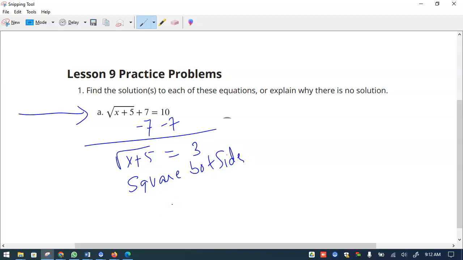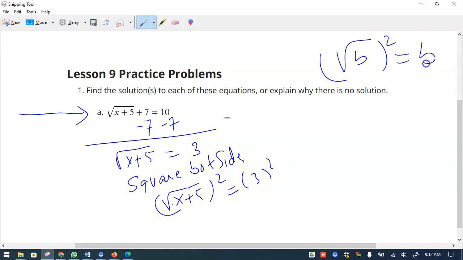The square root of b squared is b, so you can just cross them out as they are inverses of each other. The left side will be x plus 5, the radicand. So x plus 5 becomes equal to 9, and if you subtract 5, we get x equals 4.